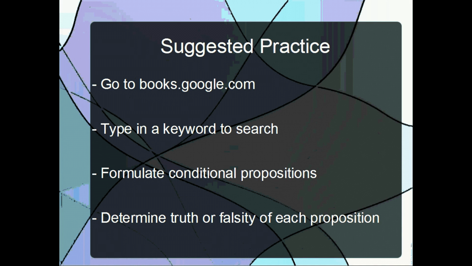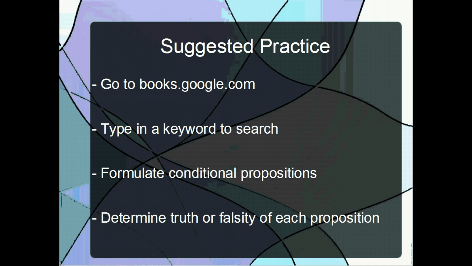After you've typed in a keyword, press enter to search. On the left-hand side, look for preview available or free Google ebooks. Then select a book. Within the book, you're going to press and hold Control on the keyboard. While you're doing that, press F. And you're going to do a search within the book. You're going to type in if.